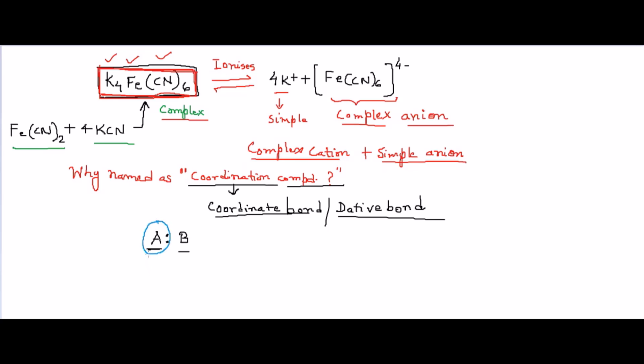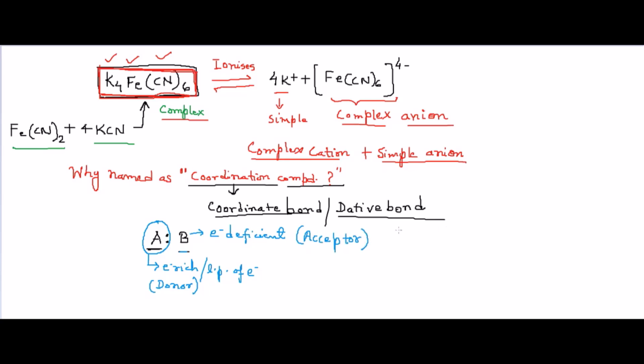That means one of the atoms is electron rich, that acts as the donor. So the donor can be an electron rich species, or it can contain a lone pair of electrons if it is neutral. Okay, and the other atom, as I have written here as B, is electron deficient. So it lacks electrons, it wants electrons, and that is why this electron deficient species is known as the acceptor.